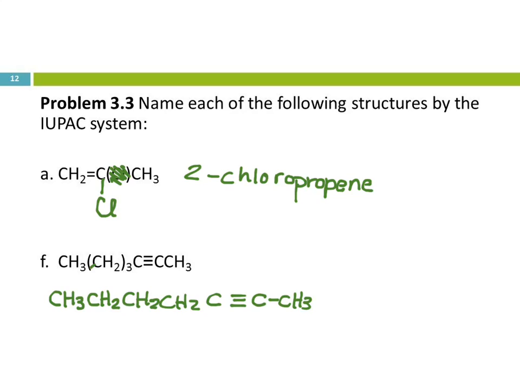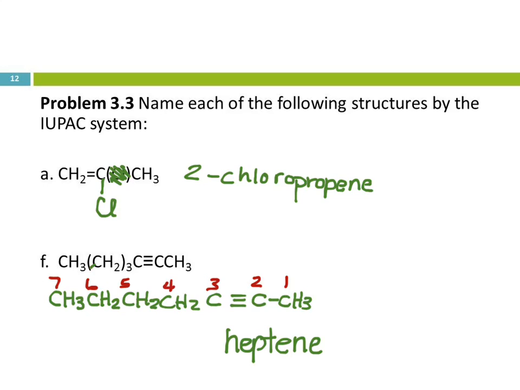Should we number from the right or from the left? From the right. So 1, 2, 3, 4, 5, 6, 7. So 7 carbons. What would be the name of the alkane? Heptane. And then we change this to heptene.